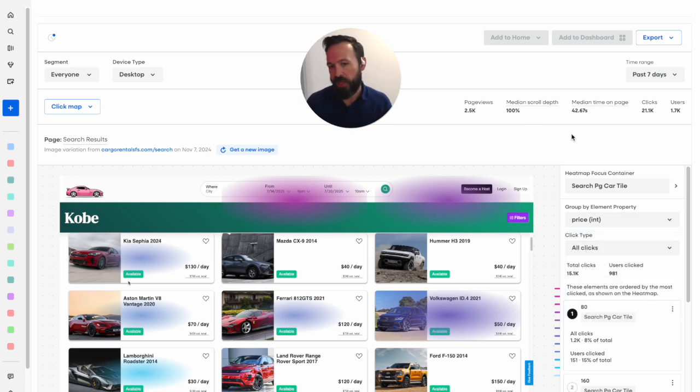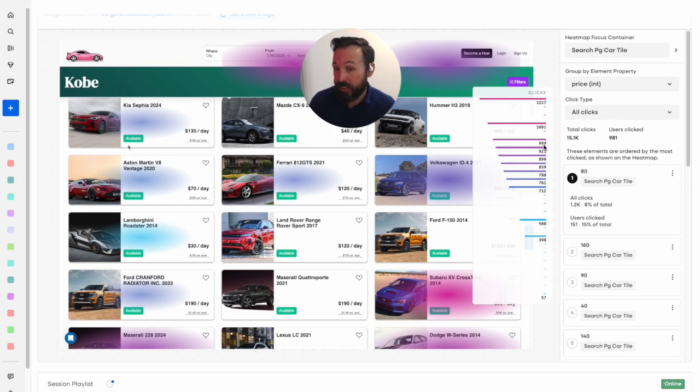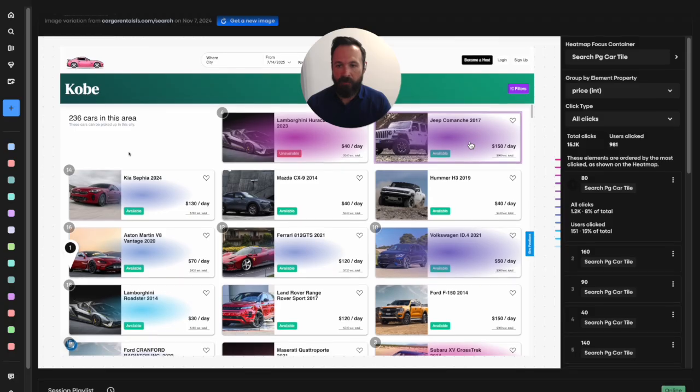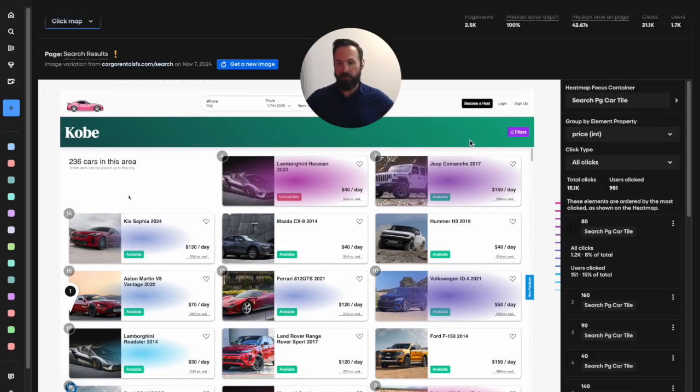So here's your light mode heat map. This one to me definitively goes to dark mode because everything else on the page just kind of disappears. The heat map is the star of the show in dark mode. And then let's go over to conversions.